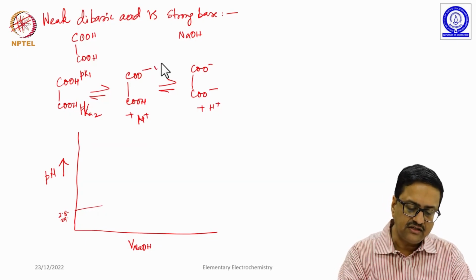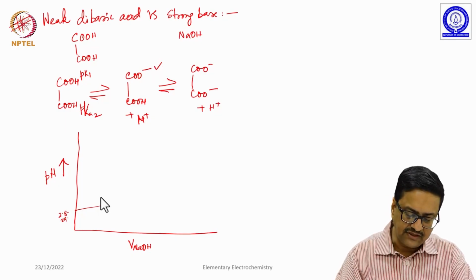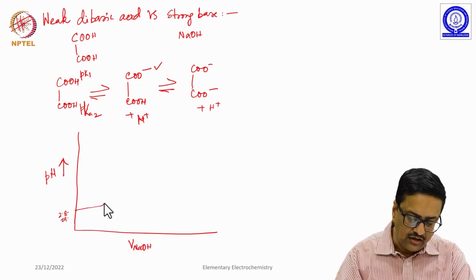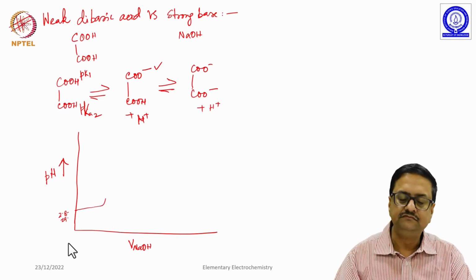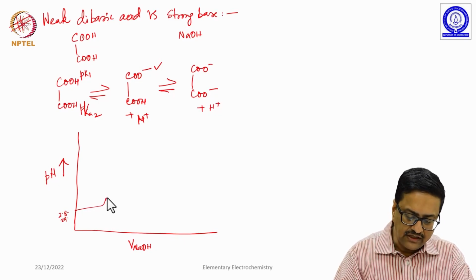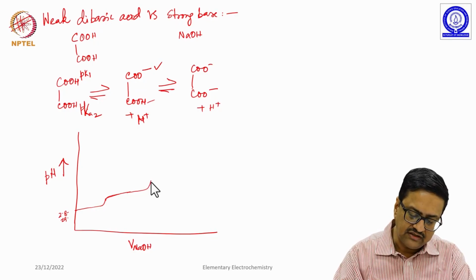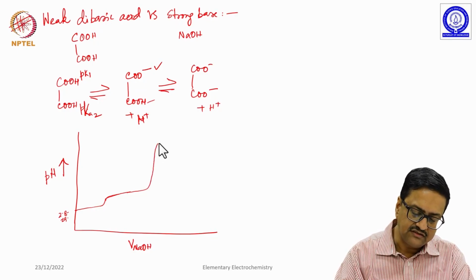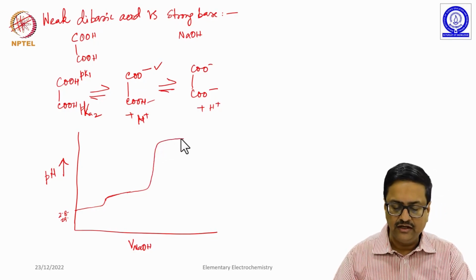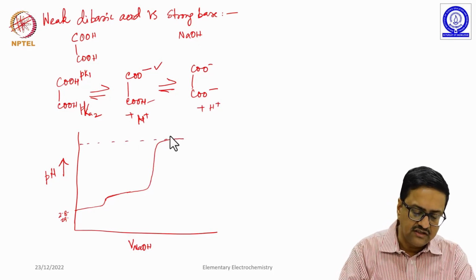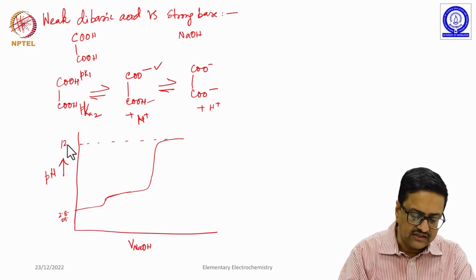When it reaches the neutralization of the first acid, it will increase a little, and then slowly increase again until the second H plus is neutralized, and at that point you get a solution of NaOH, with a pH of 12 to 13.